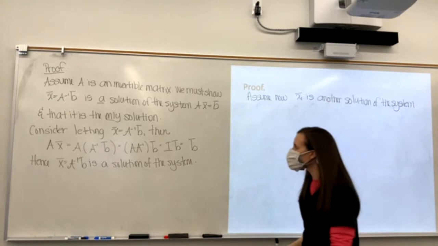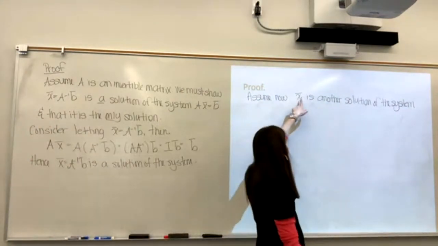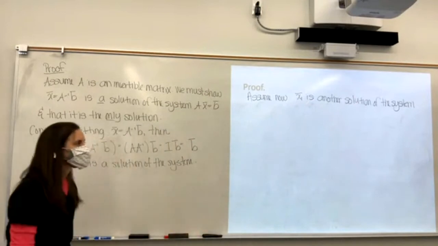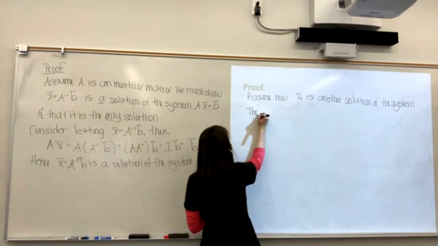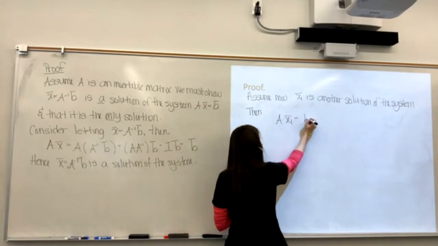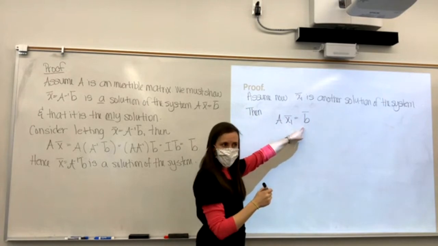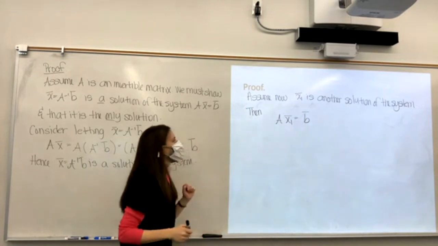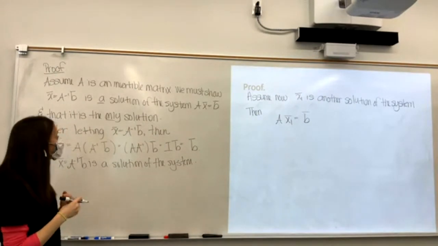Right, so we've got our first one, we're calling X, and now we're assuming we got another one. Okay. So since it is a solution to the system, that means that when I substitute it in for X, I get a true statement, right? I get B. So that's what it means to be a solution of the system.